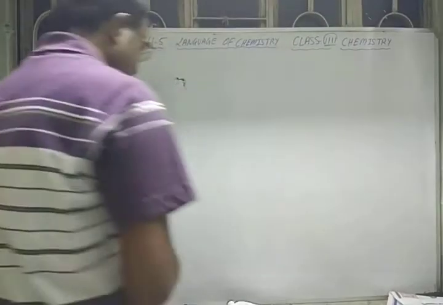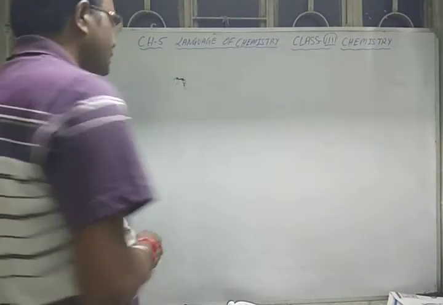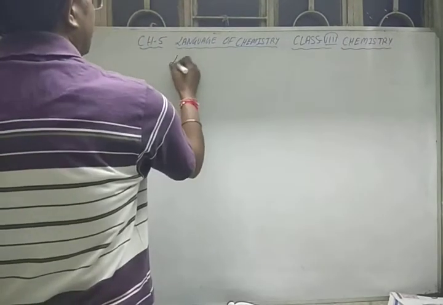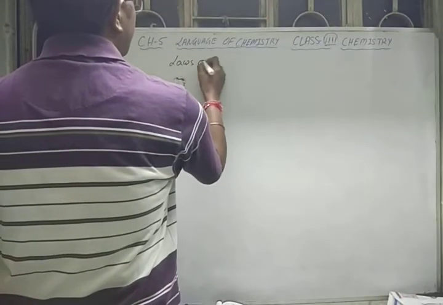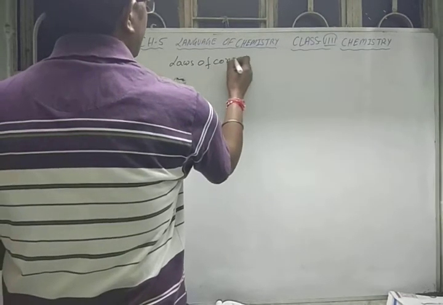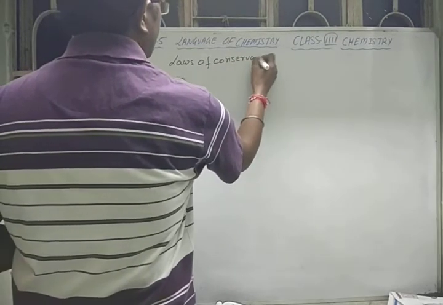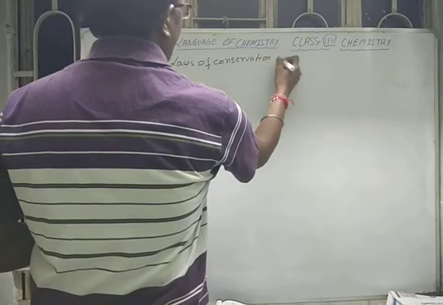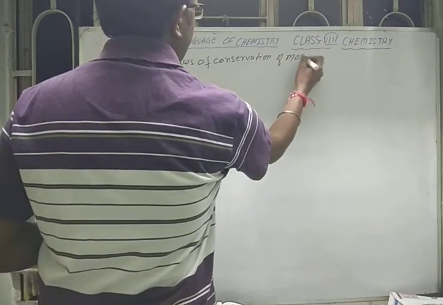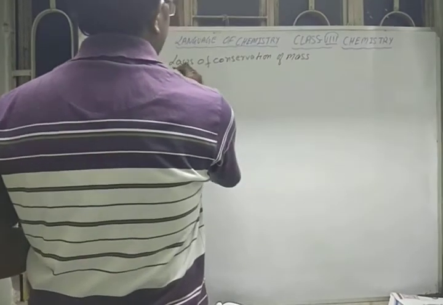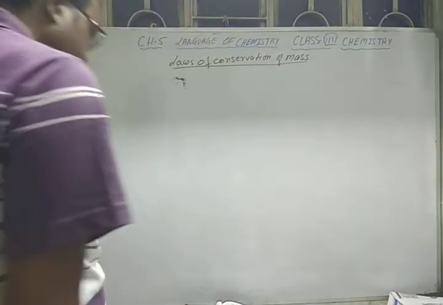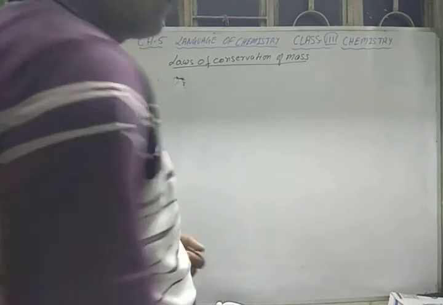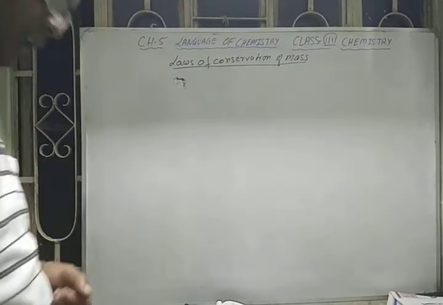What we have seen is the law of conservation of mass. Here it is said that matter cannot be created nor destroyed in a chemical reaction.